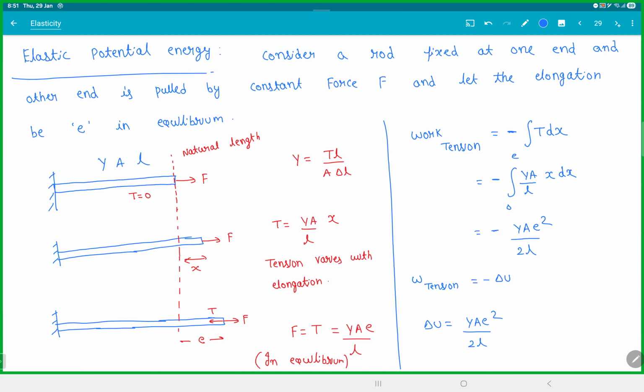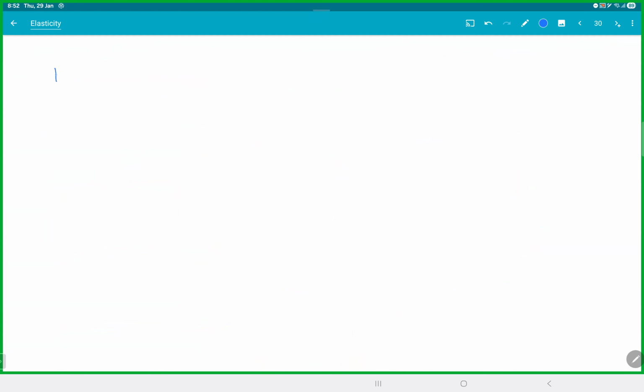We can write this in a much better way. Let me show you that, but have a look at this. So if I write elastic potential energy, we got YAE square by 2L.